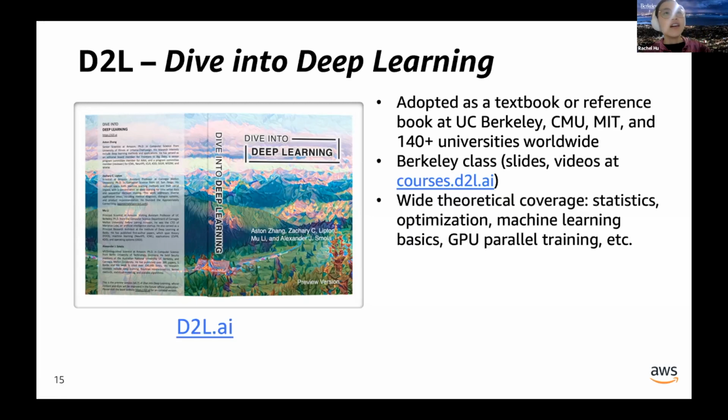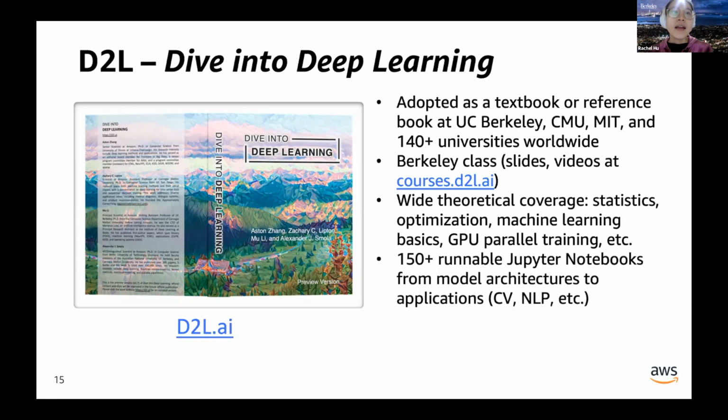So what do we cover in this book? We talk a lot about theory, the fundamental statistics, the optimizations, and how to use GPUs to do parallel training. We also have 150 different runnable notebooks. They're all Jupyter notebooks.